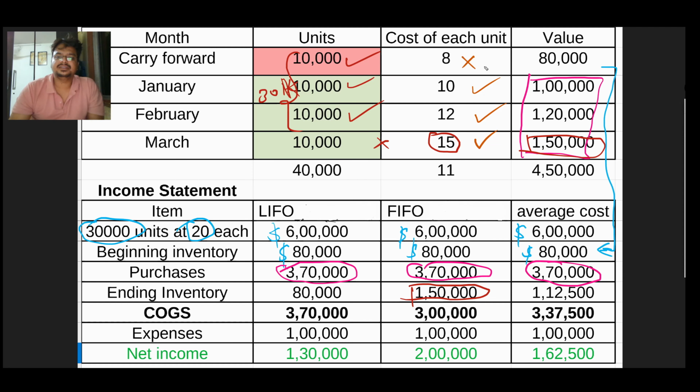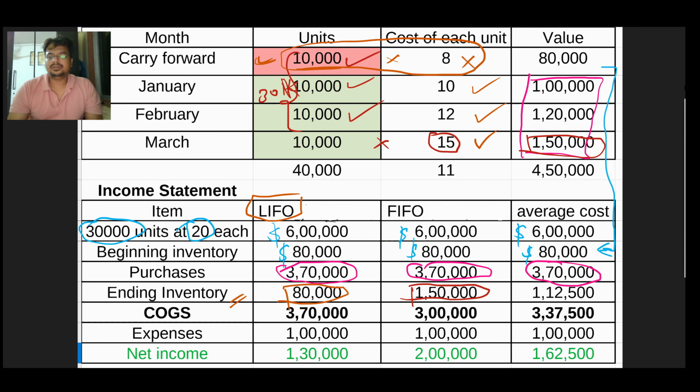Okay, this we did not use. So this is nothing but the ending inventory for LIFO. If you remember, I did tell you that the oldest inventories might sometimes go unused for a long period of time with LIFO. Okay, so 10,000 multiplied by 8, we get our answer to be $80,000. Okay, this is our ending inventory for LIFO.